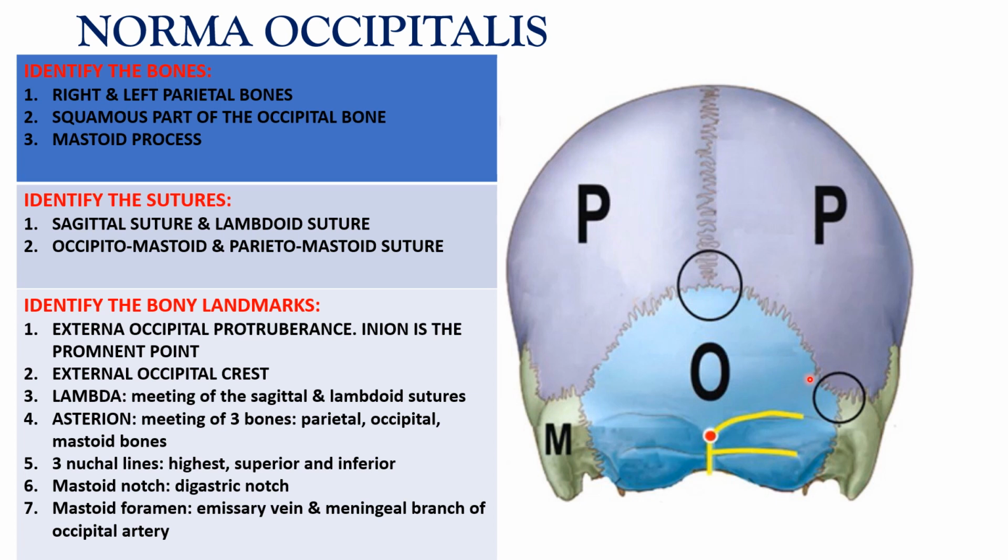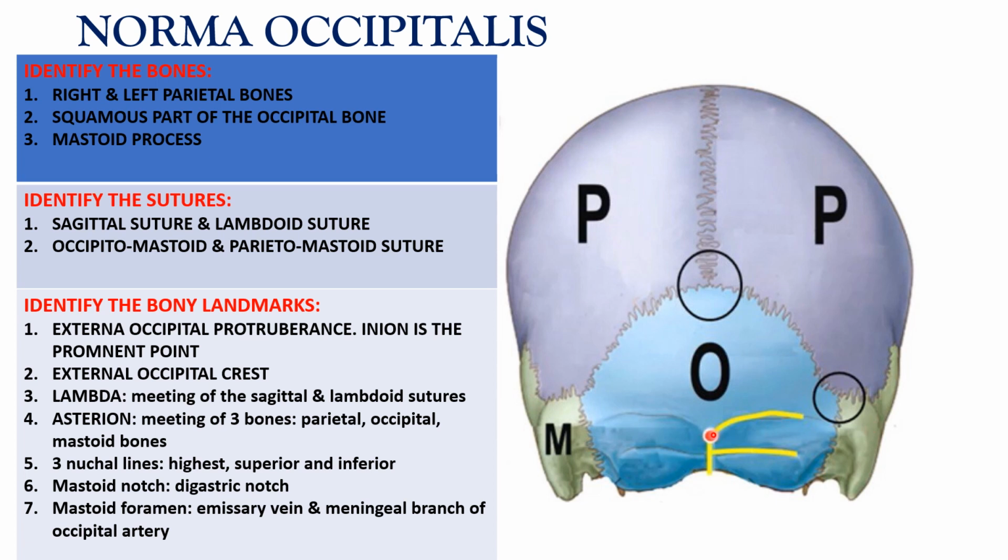Then we looked at this landmark here called the asterion. Asterion, we say, is a meeting point of three bones: parietal bone, occipital bone, and then the mastoid bone. We said it has a very important clinical correlation, especially for neurosurgeons, because the asterion lies above the superior sagittal. Sorry, it lies above the sigmoid sinus. We looked at the external occipital protuberance here.